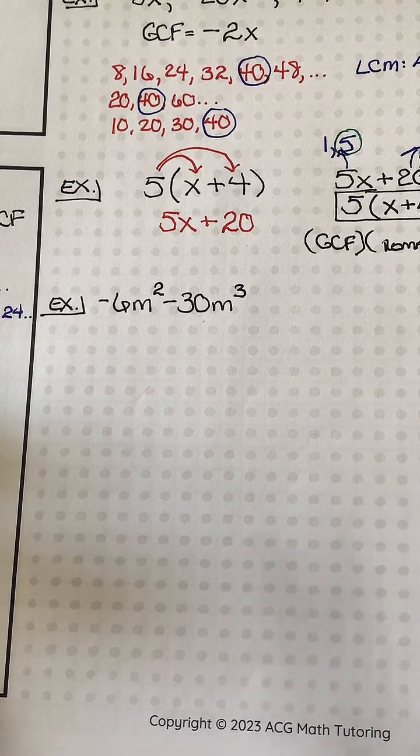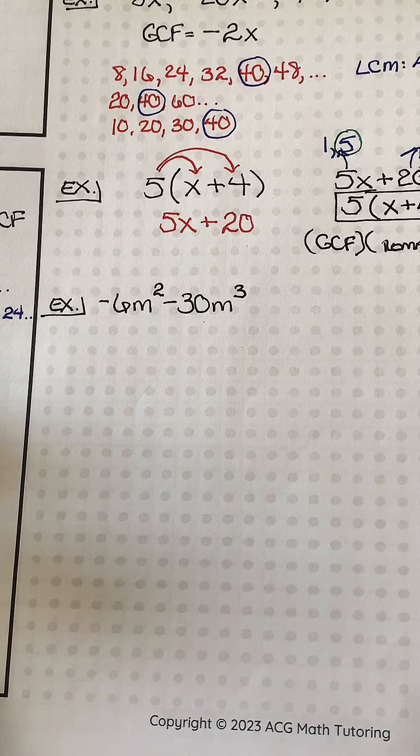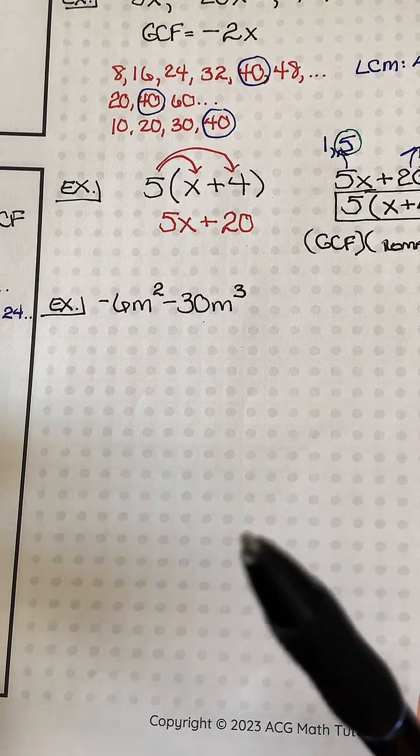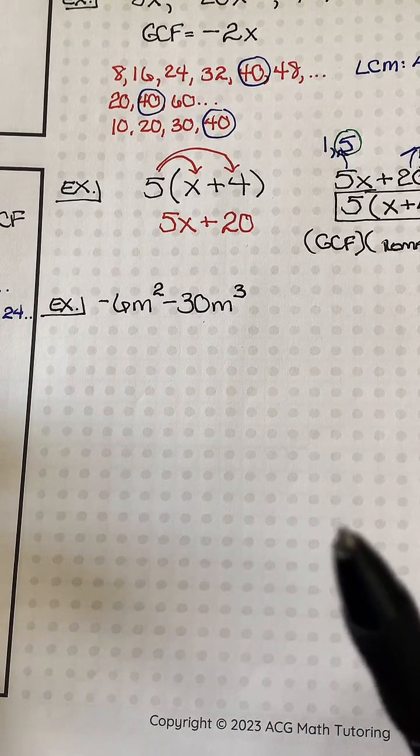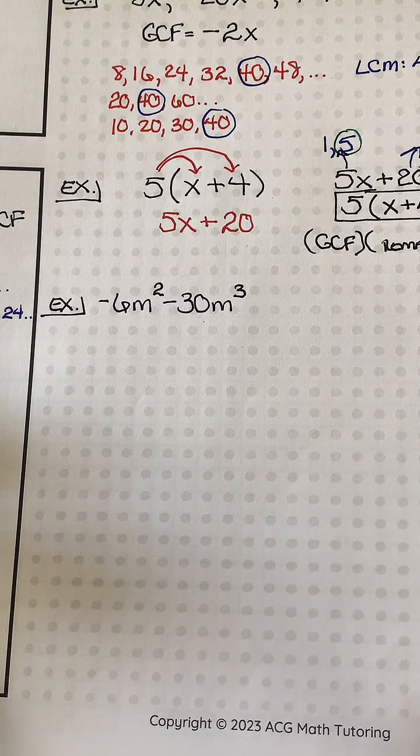Okay. So we got a mixture between a negative 6 and a 36. Okay. Coach is saying negative 6m squared.